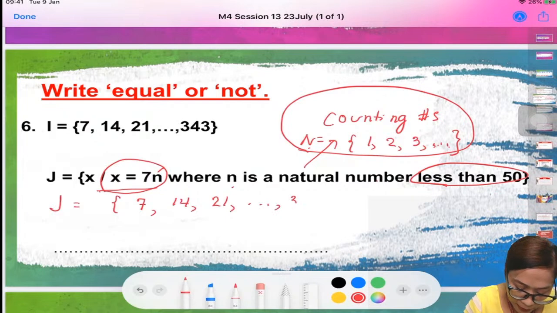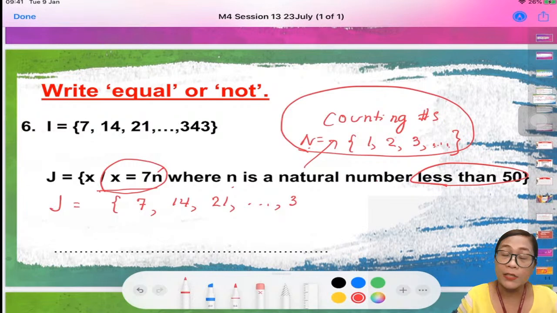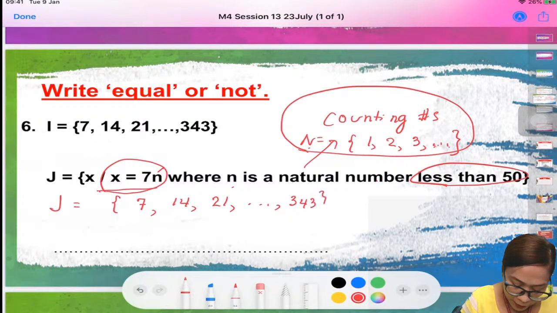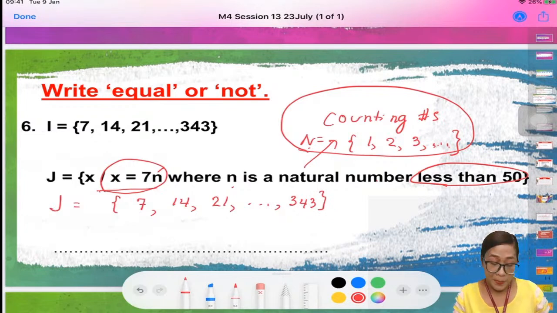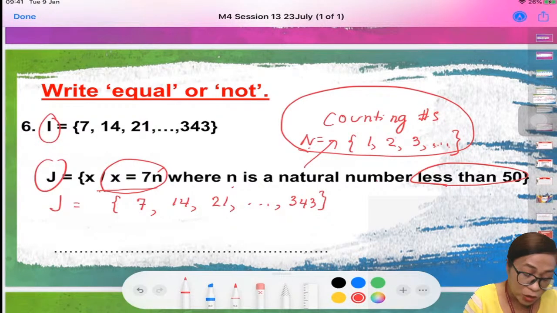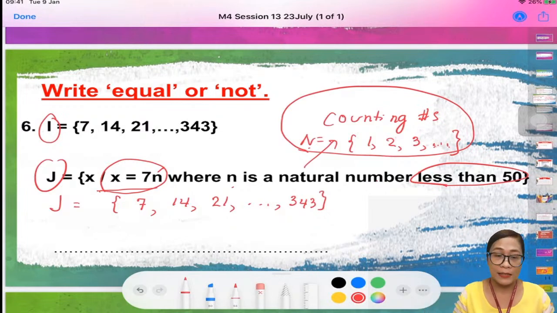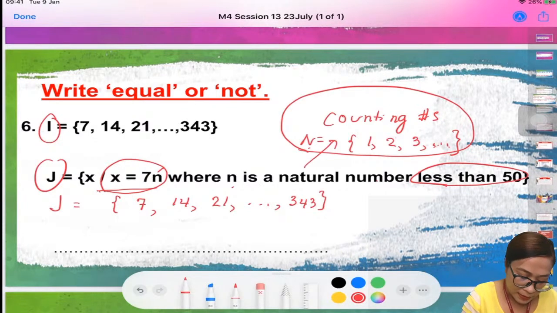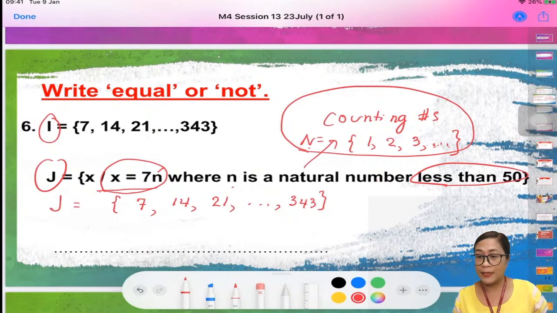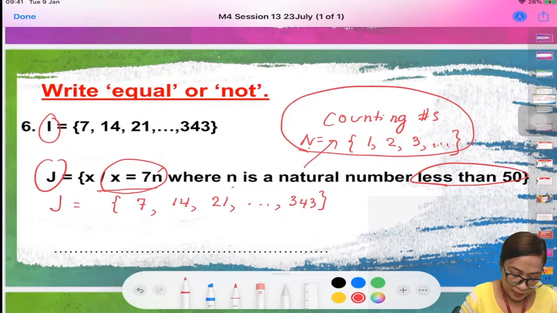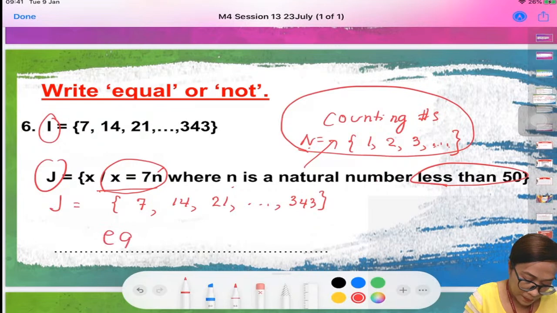And the last one, 7 times 49, is 343. If you compare set I with set J, we have exactly the same elements. So if it's exactly the same elements, the answer would be the word equal.